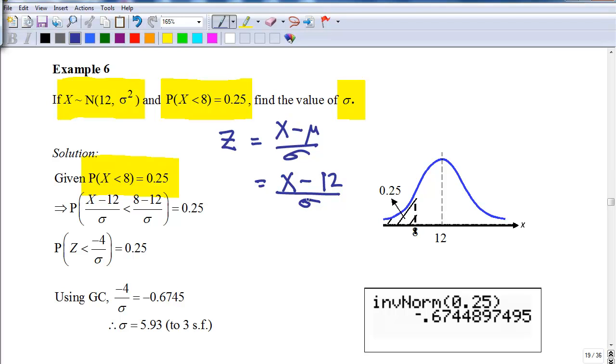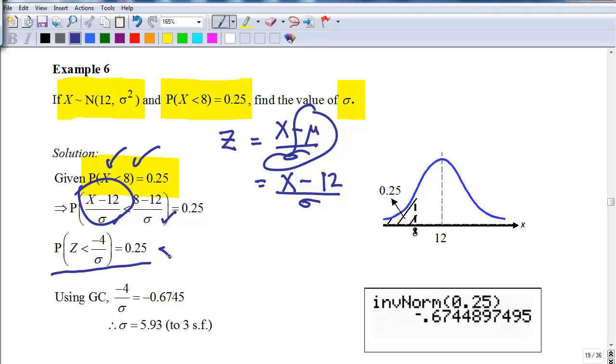I want to make z appear in my equation, so I will minus mu and divide by sigma on both sides. I get x minus 12 divided by sigma, and on the right side 8 minus 12 divided by sigma. The thing on the left is actually z. So you end up getting the probability z less than minus 4 divided by sigma equals 0.25.